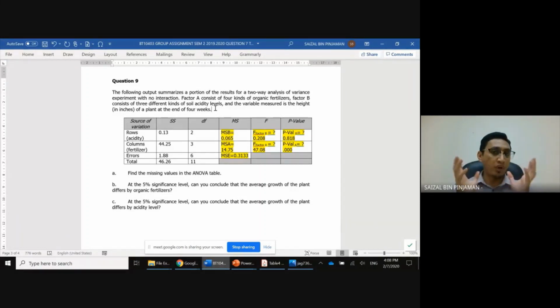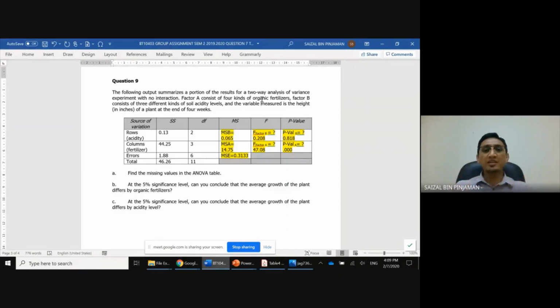So in the analysis of variance, we want to determine whether our dependent variable, in this case the height of a plant, is influenced by 2 independent variables, the organic fertilizer and the soil acidity level. We want to see whether the independent variables can influence the dependent variable or not.